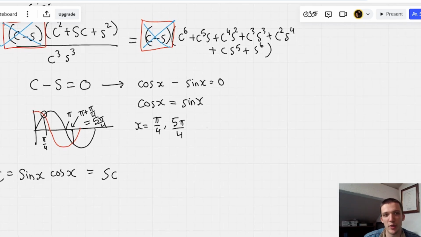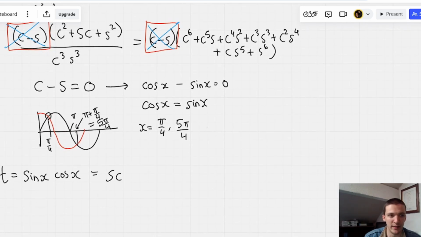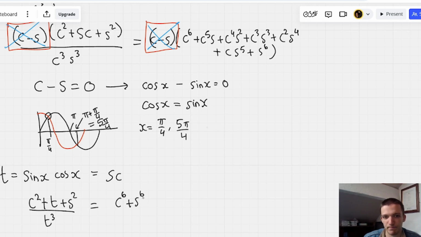So let's write out this equation above, but using t instead. Well, I'm going to get, on the left-hand side, c squared plus t plus s squared over t cubed equals, on the right-hand side, ignoring my cancelled out term here, c^6 I can't really touch, and I'm going to group that with the s^6 here as well.